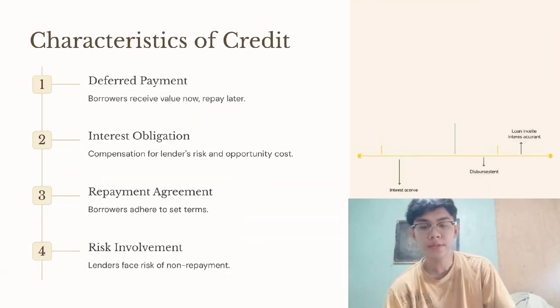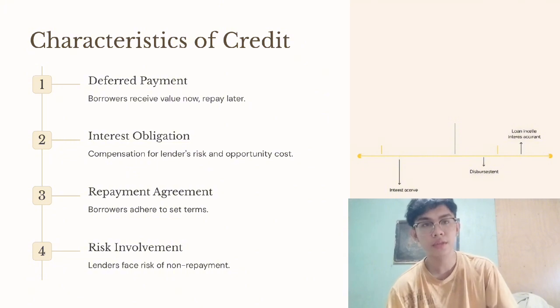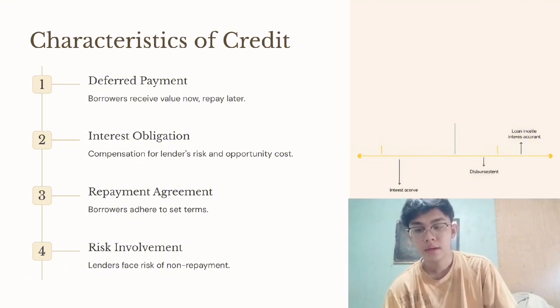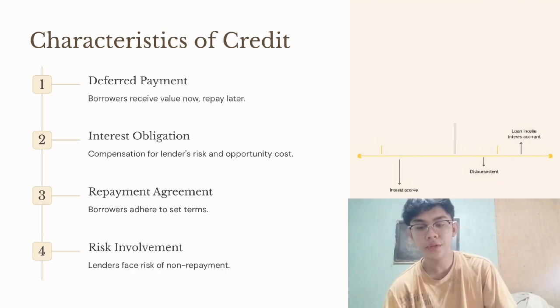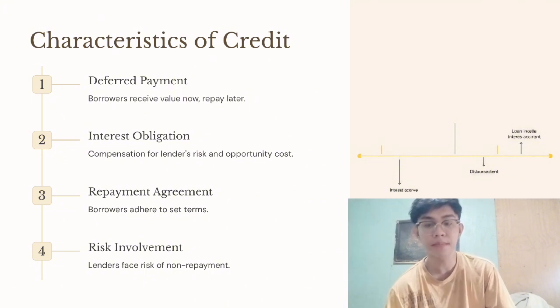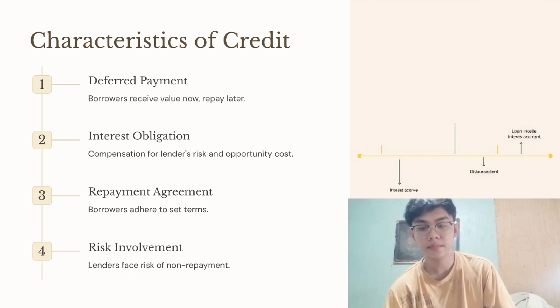Fifth is to enumerate and explain the basic characteristics of credit. So I will only mention a few. First is deferred payment. Borrowers receive value now but agree to pay later. Next is interest obligation. Most credit arrangements include interest as compensation for the lender's risk and opportunity cost. Next is repayment agreement.